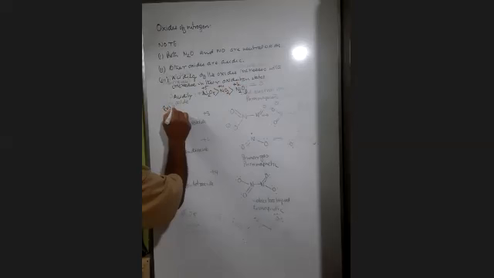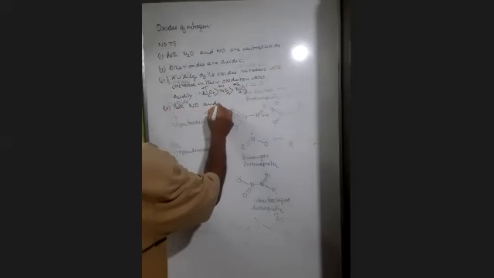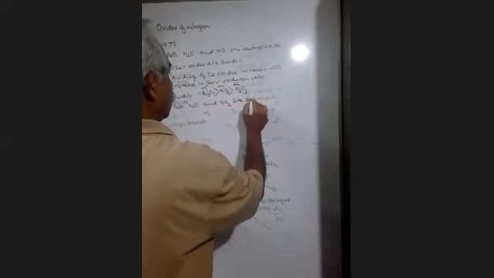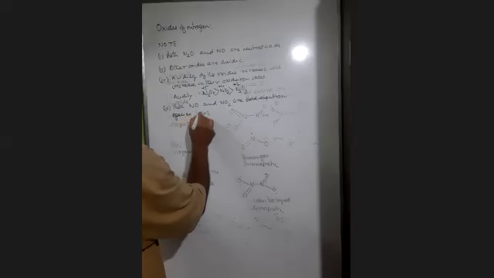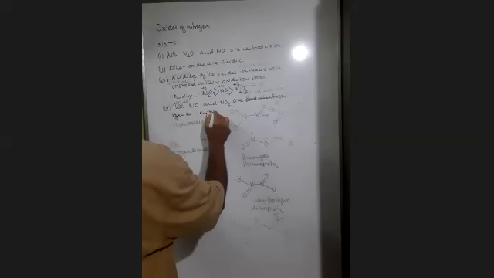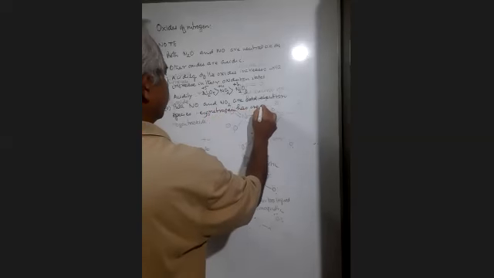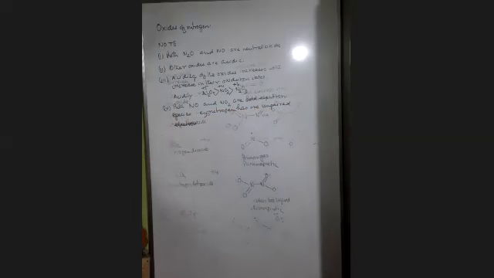Fourth, both nitric oxide and nitrogen dioxide are odd electron species. That is, nitrogen has one unpaired electron.